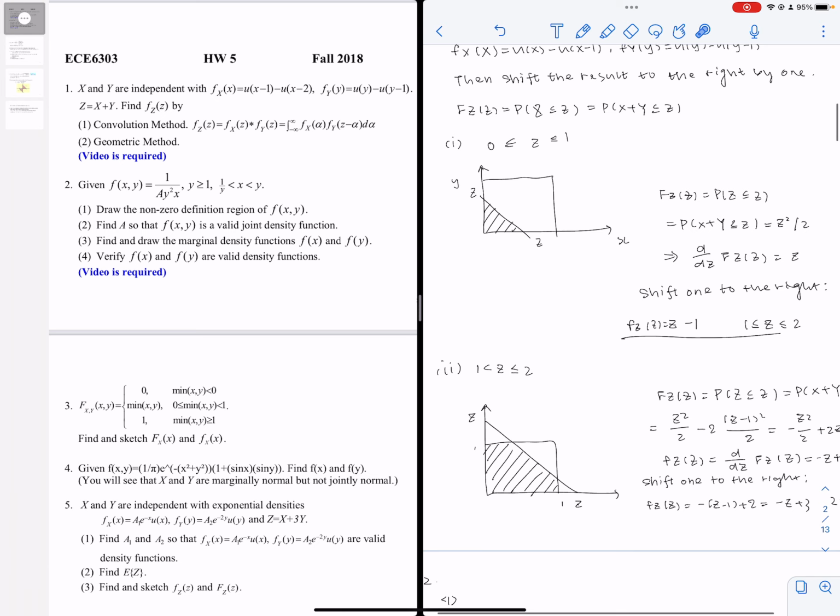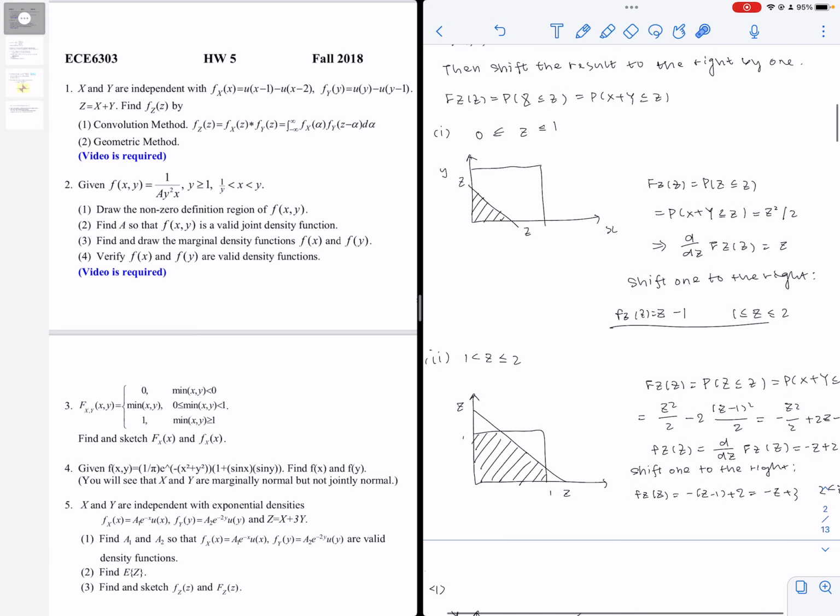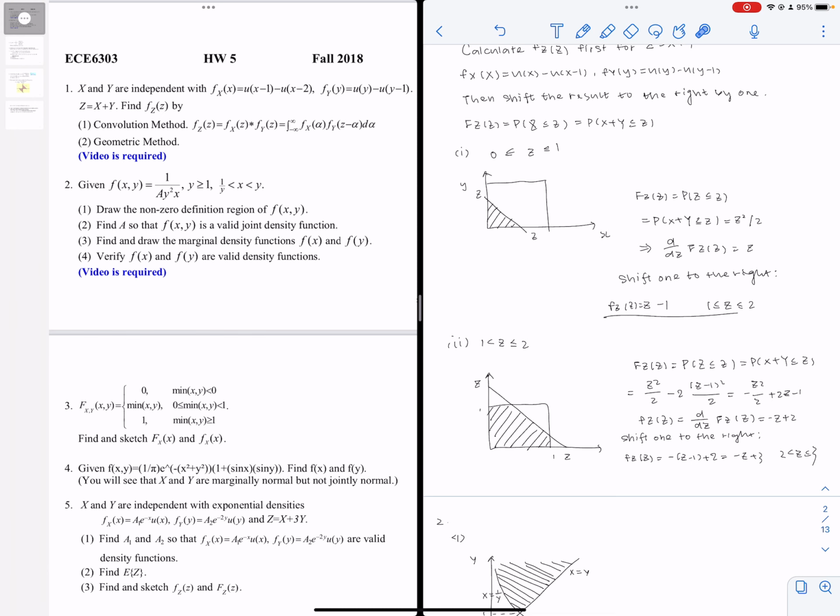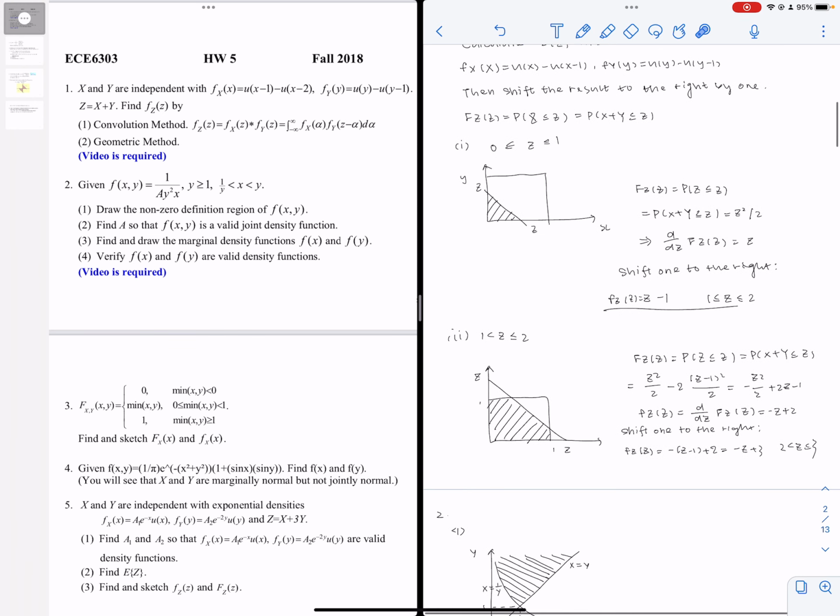So in this square, this is our space. So when z is less than 1, we have this triangle here, and the area of this triangle is the cumulative probability of z. And very easily we have z squared divided by 2.